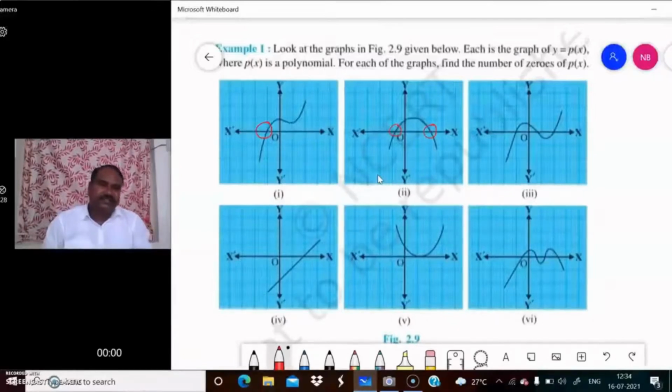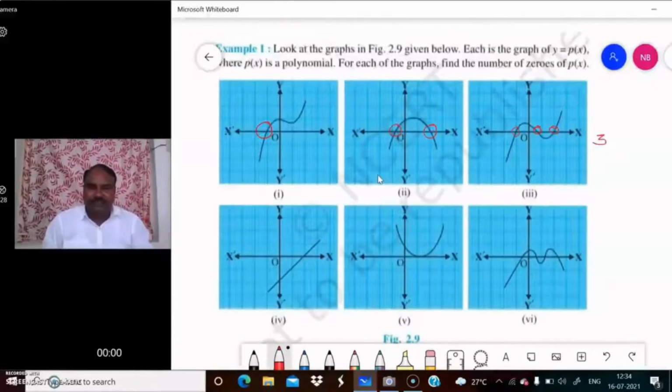Now let us take this third one. Here 1, 2, 3. This given graph intersects the x-axis at 3 points, so the polynomial denoted by this graph will have three zeros.